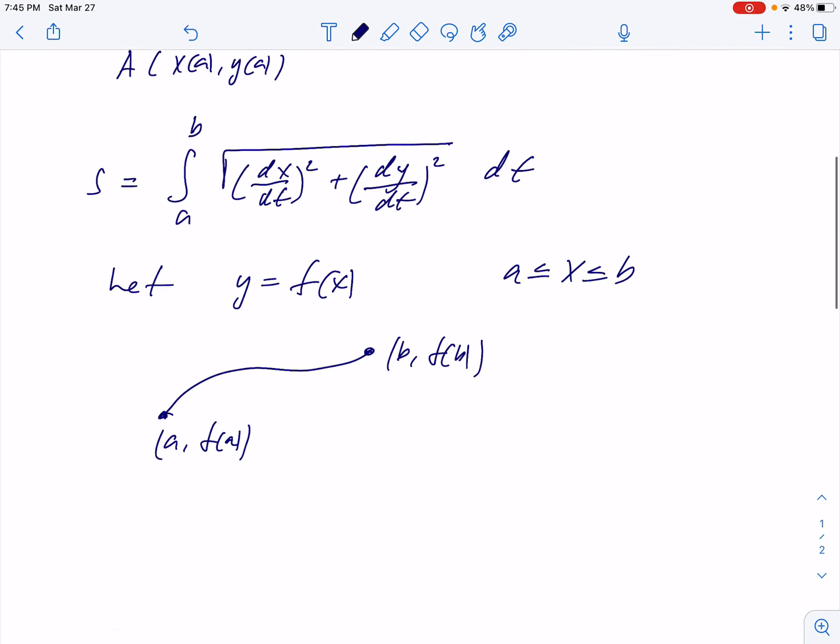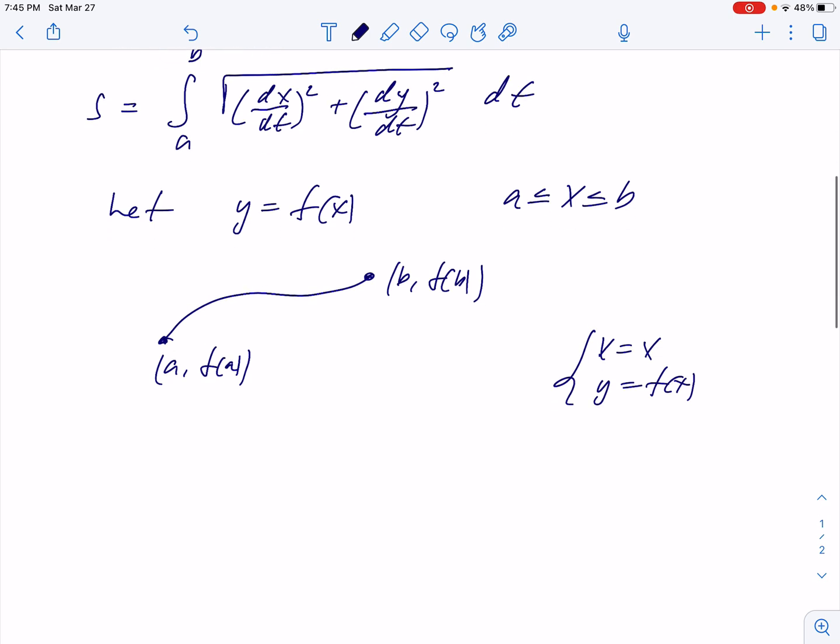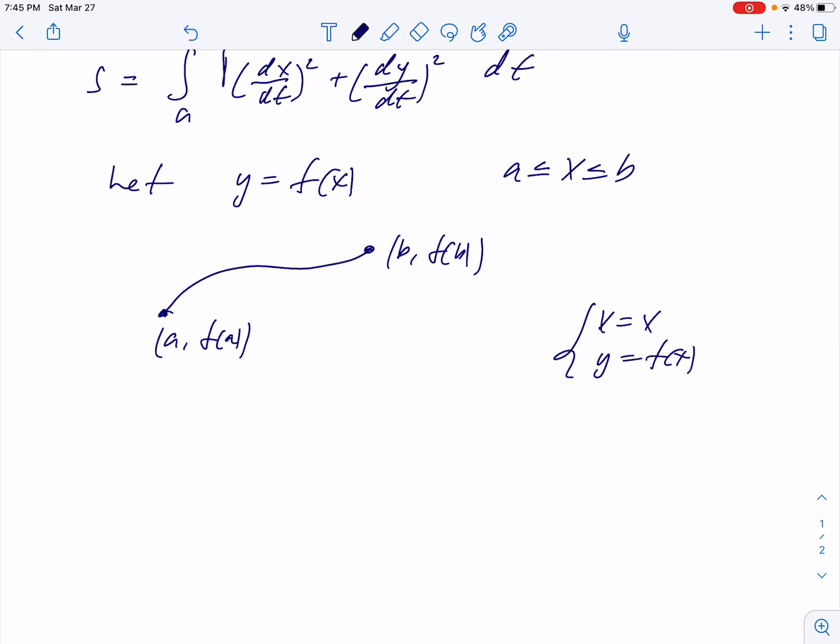We can think of this like a parametric curve where x equals x itself and y equals f of x, x going between A and B. So instead of t, we can write just x here.